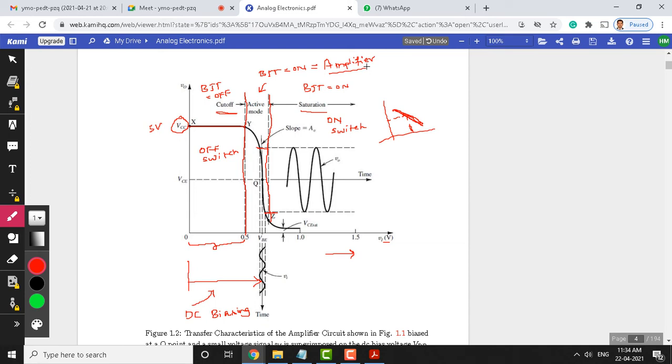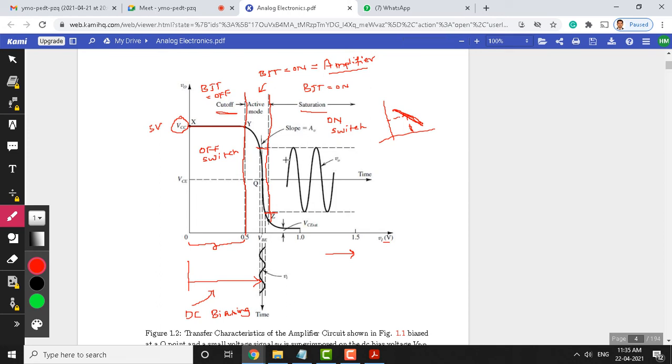It all depends on the bias circuit. That is why our first module mainly focuses on biasing, because when I say biasing, that means we have some circuit which operates our transistor in the active mode. If the transistor operates here or here, it cannot be used as an amplifier.